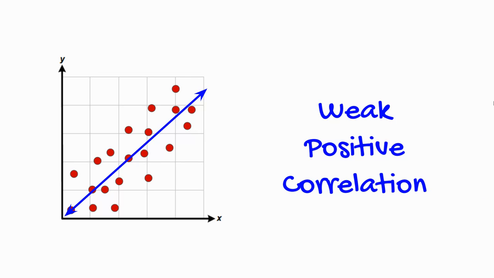So this is what we call weak positive correlation because the points are still going up. I can see they're still in a positive trend here. And I could put a line through them, but it doesn't model it perfectly. So there's still some correlation, but it's weak. It's not near as good as our other slide was, with the points really close to the line.